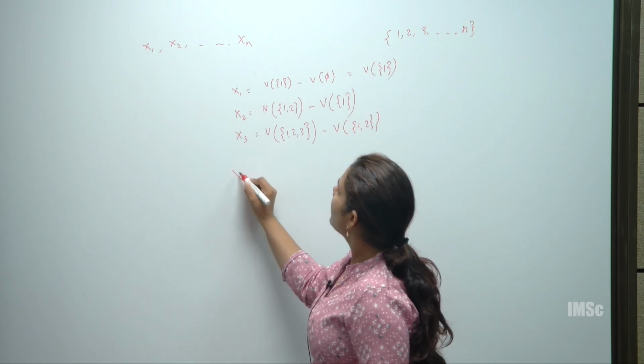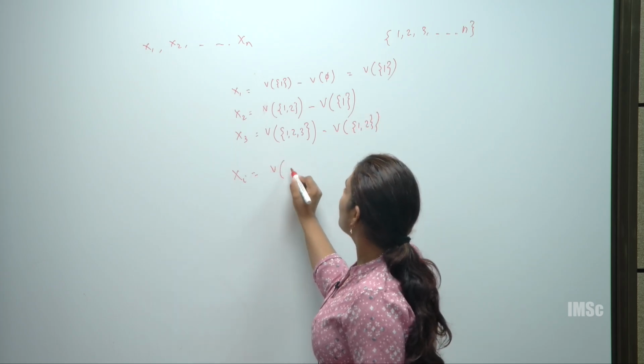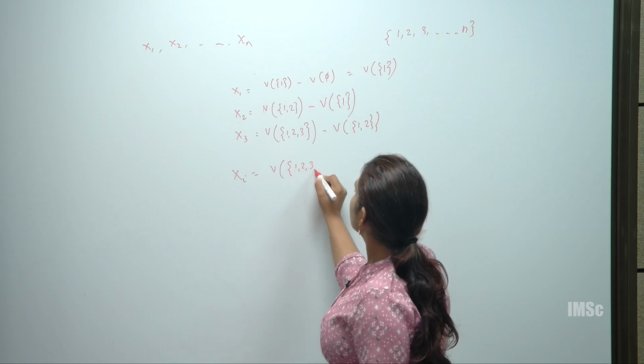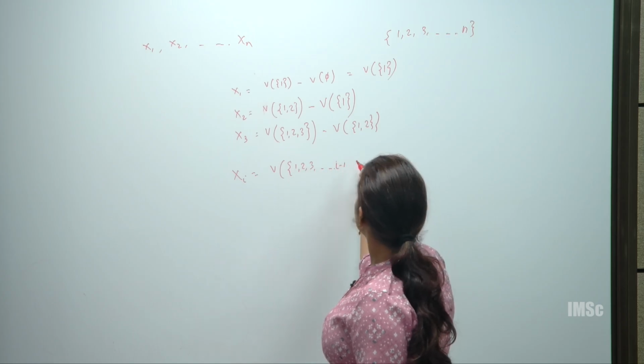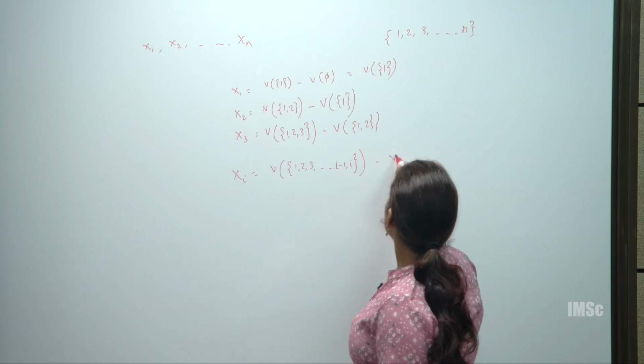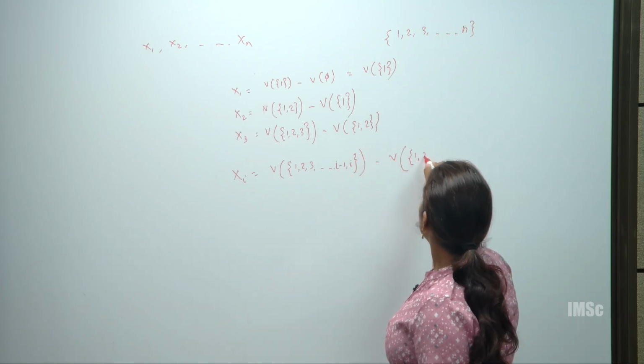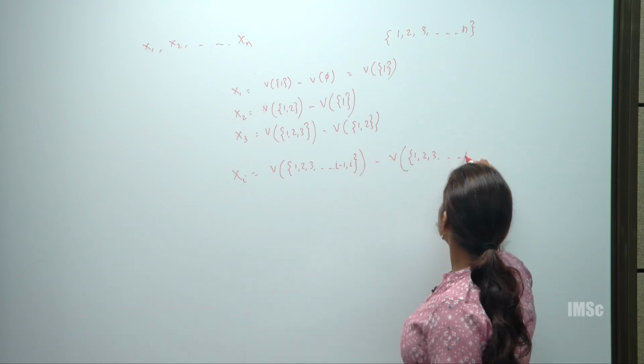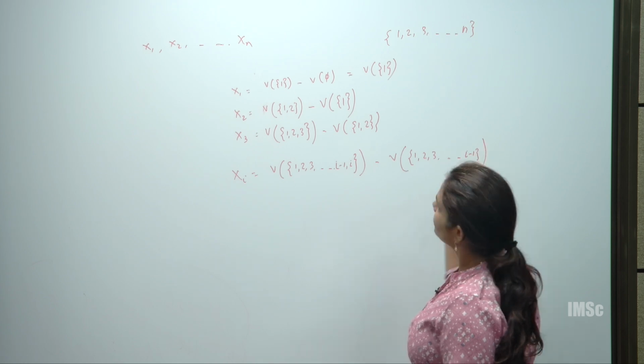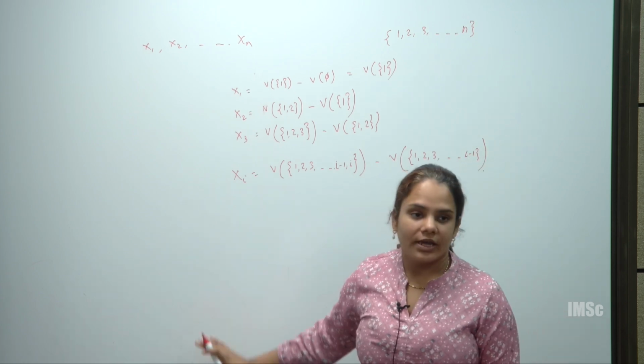In general, xi will be v of {1,2,3,...,i} minus v of {1,2,3,...,i-1}. This would be my exercise.